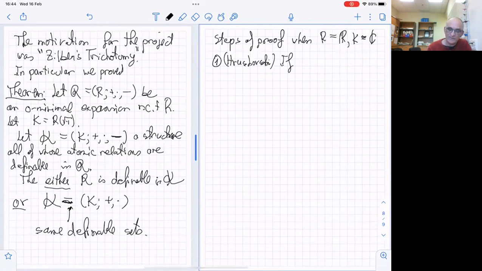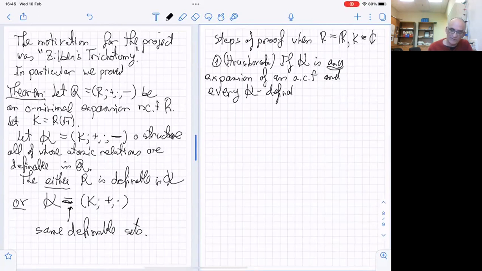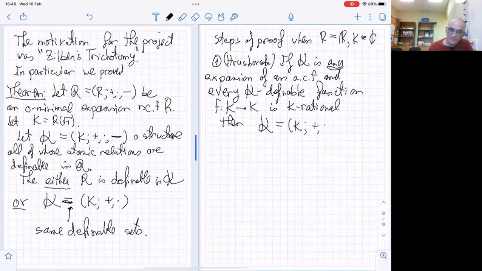It goes like this: if K is any expansion of an algebraically closed field, and you just know that every K-definable function, which could be a partial function, F from the field to itself, not from K^n to K, just from K to K, is K-rational, so it is definable in the field, then this by itself tells you that K is just the field. You didn't get anything new.